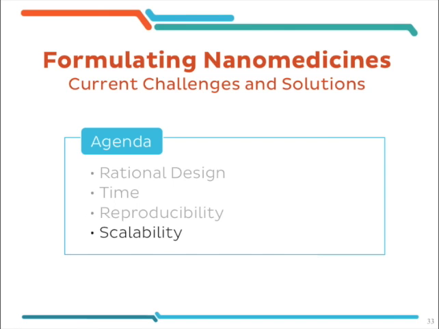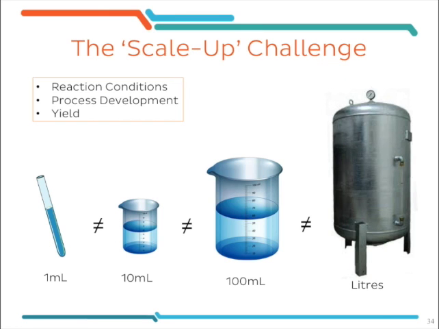Making 1 milliliter in a test tube is not the same as making it in a small or large beaker, let alone in a large container of several liters. So scaling up a formulation is really not easy, and in fact, it often requires a complete change in the formulation methods and therefore a significant time and effort spent in process development.